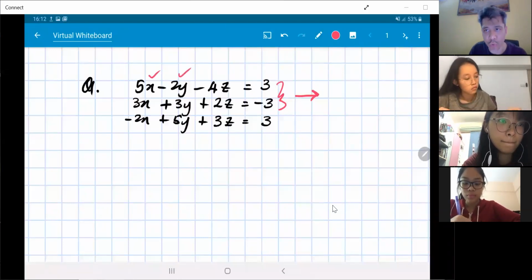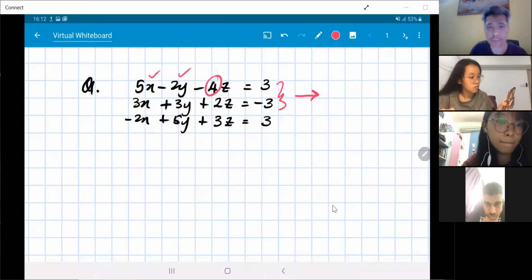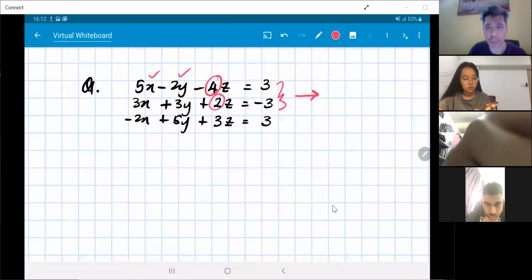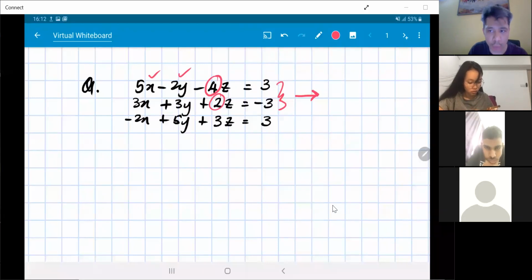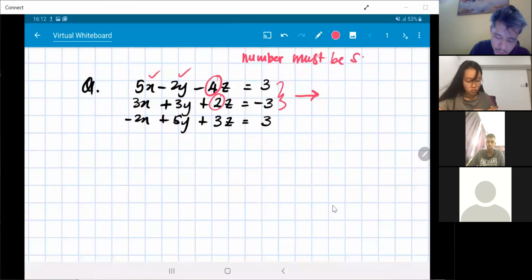The one that you want to remove, the number must be the same. For example, can you see this z is 4 and this z is 2? It doesn't matter. The sign isn't important. It can be negative or positive. What's important is the number. In case some of you cannot hear, the number must be the same.